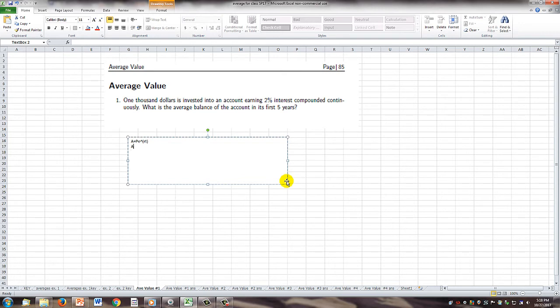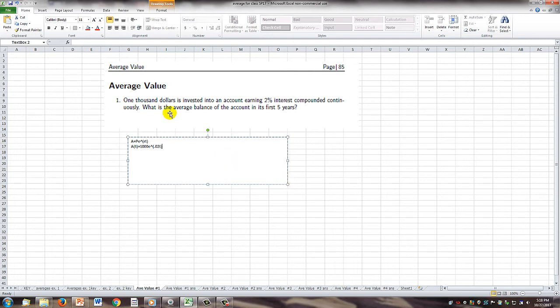And so my function is A of t equals your initial amount, $1,000, e to the interest rate, 2%, so that's 0.02. Let's put parentheses around it. Times t. So that's my function.